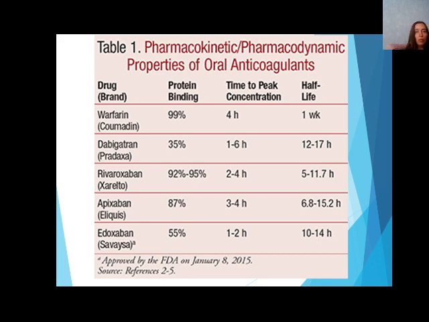Time to peak concentration is 4 hours. Dabigatran, compared with warfarin, has less protein binding, 35%. Time to peak concentration can be from 1 to 6 hours. And rivaroxaban, the same, has high protein binding, about 95%. Time to peak concentration is 4 hours.